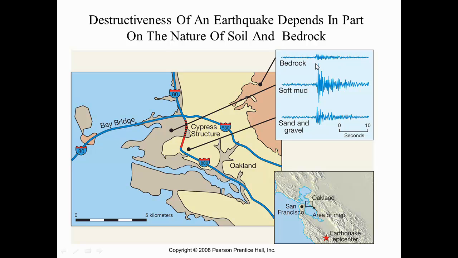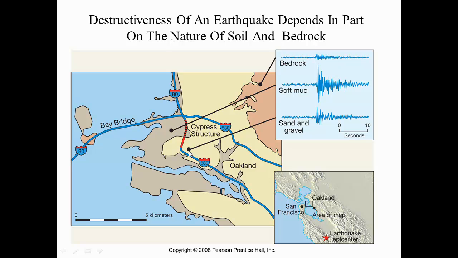On the other hand, if we look at the seismograms, we see quite a bit different amplitudes in the amount of ground shaking. For example, the greatest amplitude occurs at the seismograph station sitting on soft mud.